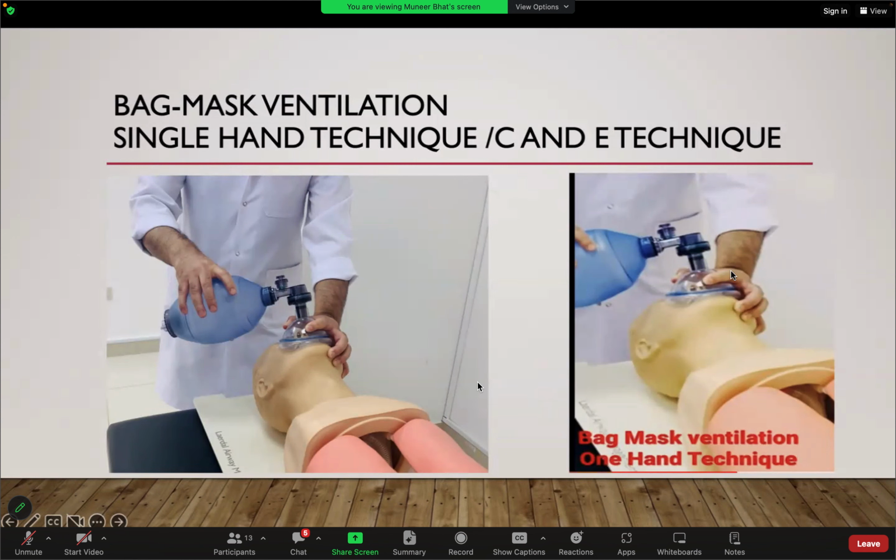I am keeping my index finger and thumb at the body of the mask and the rest of the fingers at the mandibular bone. So I am trying to lift the chin up and at the same time keeping pressure on the mask in order to make an adequate seal. So if a patient is not breathing, you can ventilate with this manual ventilator by the C and E technique, and this is the single hand technique.